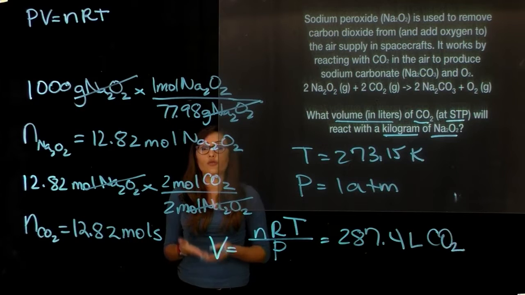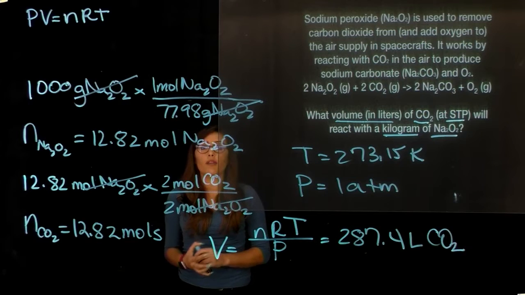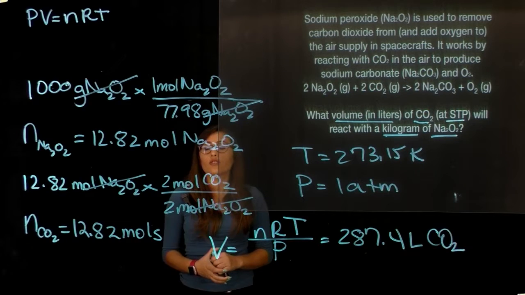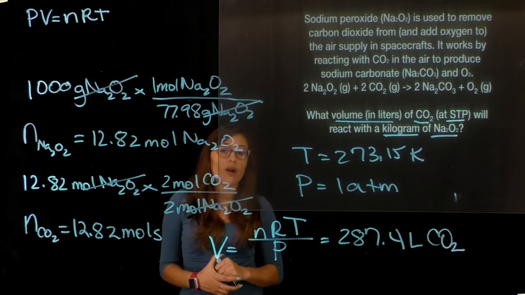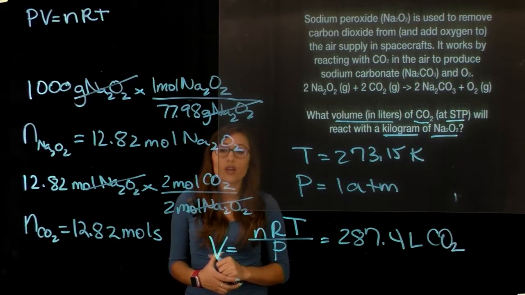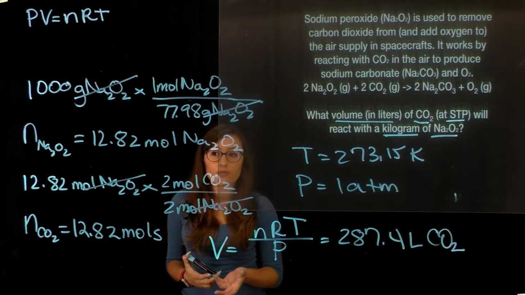We convert that to moles of sodium peroxide, which we did by multiplying by the reciprocal of the molecular weight. So grams and grams cancels out, and we're left with moles of sodium peroxide. So we have 12.82 moles of sodium peroxide. We then use the stoichiometric relationship in the balanced equation to convert from moles of sodium peroxide to moles of CO2.